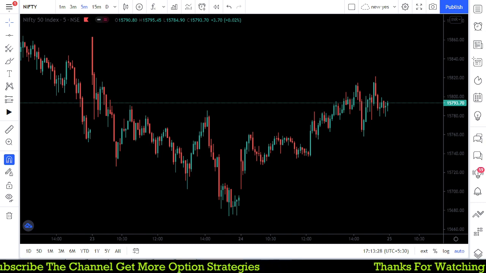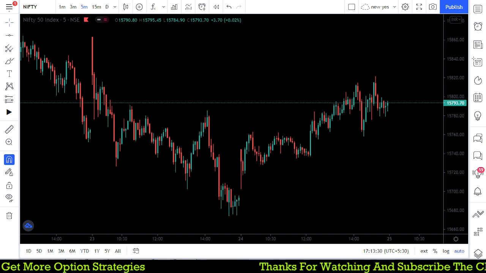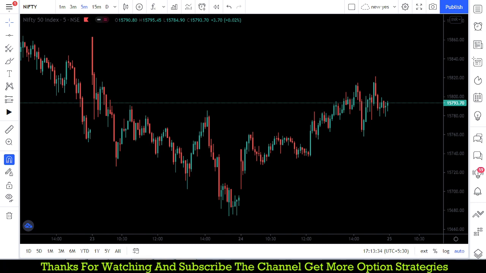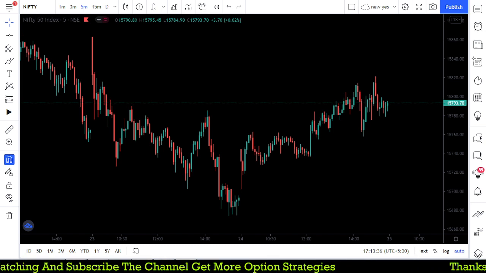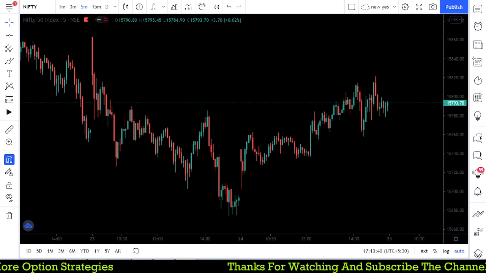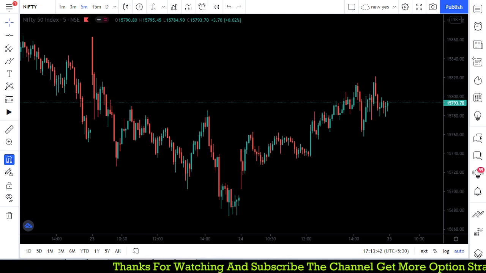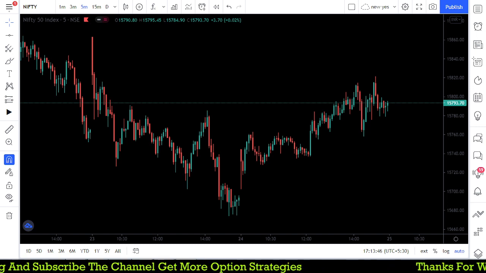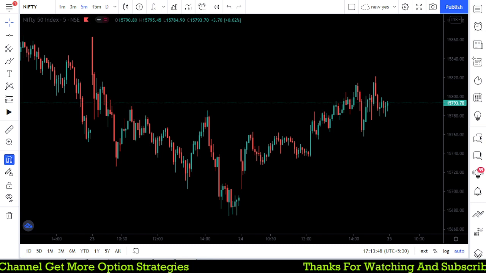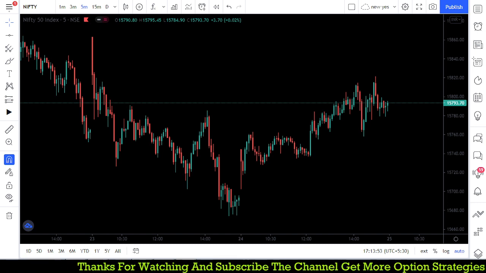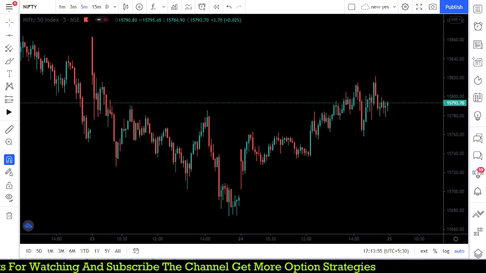The Super Trend indicator is based on the average true range (ATR) with a multiplier. Using this, we can find the trend of the market, and based on that, we can try to trade in the intraday market.